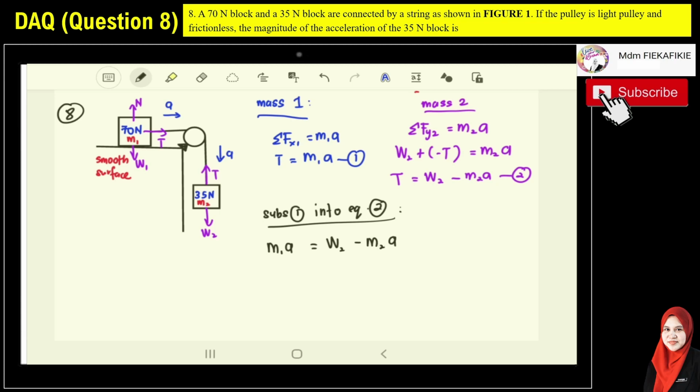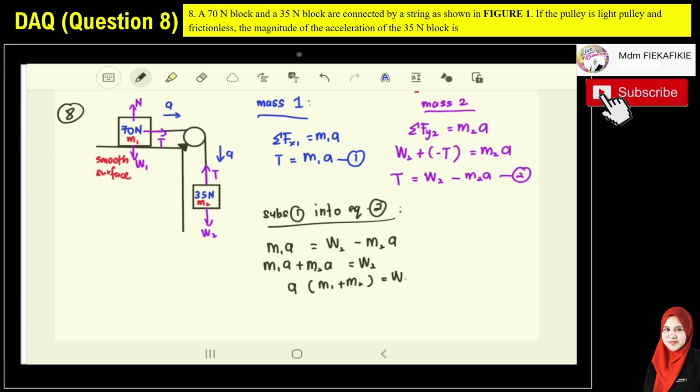We want to find a, so we rearrange the equation so that it becomes m1a plus m2a is equal to W2. As we want to find the acceleration a, I will factorize this as a times (m1 plus m2).